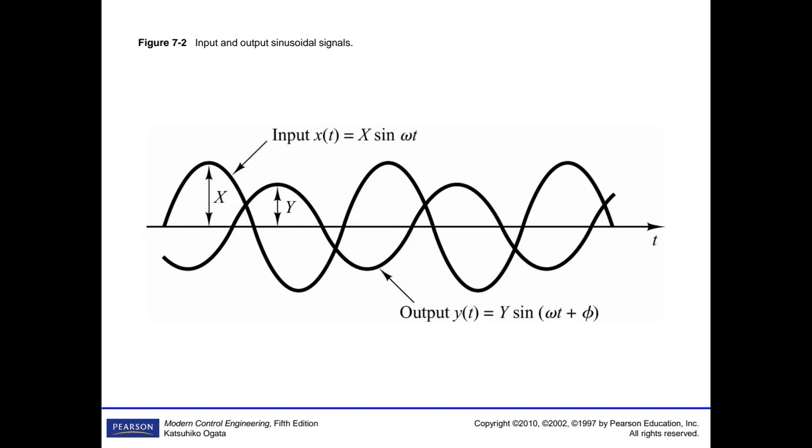For example, if you have a voltage, that means your voltage in phasor form has an angle of 0, but the amplitude is Vm.